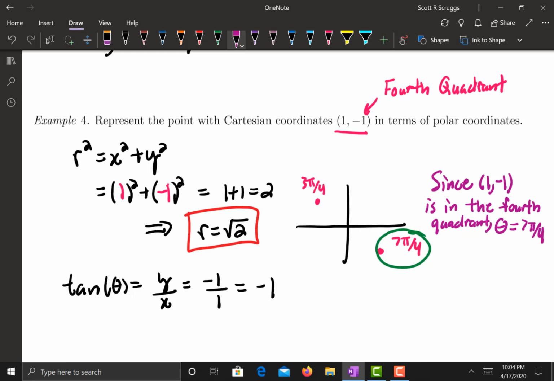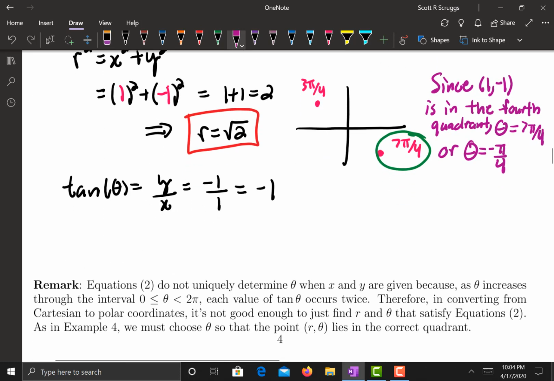Now, as I mentioned before, polar coordinates have multiple representations. So there's another value for theta that I can get to land in the 4th quadrant, and that is if I decide to rotate clockwise pi over 4 units. So because of that, there are two possible answers.